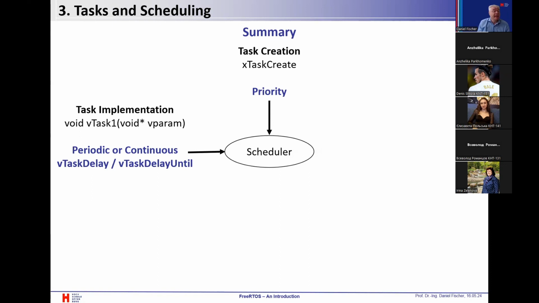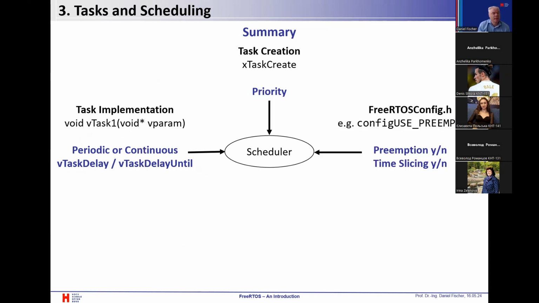Then inside your task implementation, which is maybe somewhere else in your code, maybe in another file, there in the implementation you have to decide: is this a periodic or a continuous task? If it's periodic, you use these two RP functions. If you don't use them, the task is a continuous task. Completely different thing.